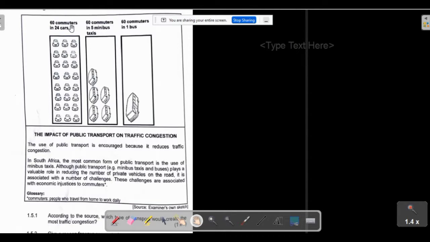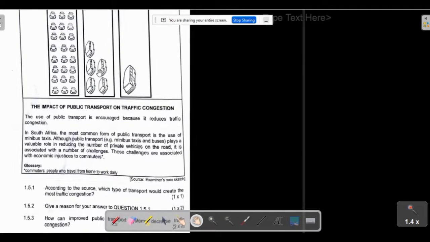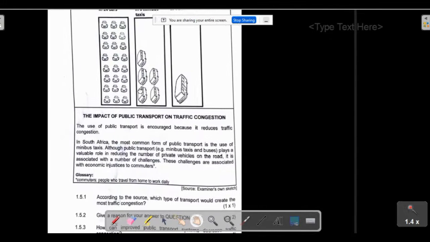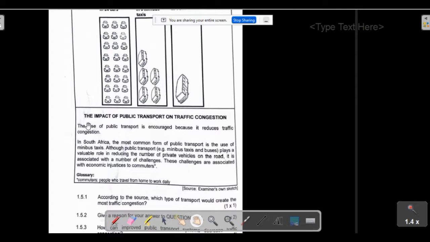Okay, so that's a very good, popular point, by the way. The impact of public transport on traffic congestion. The use of public transport is encouraged because it reduces traffic congestion. In South Africa, the most common form of public transport is the use of minibus taxis.